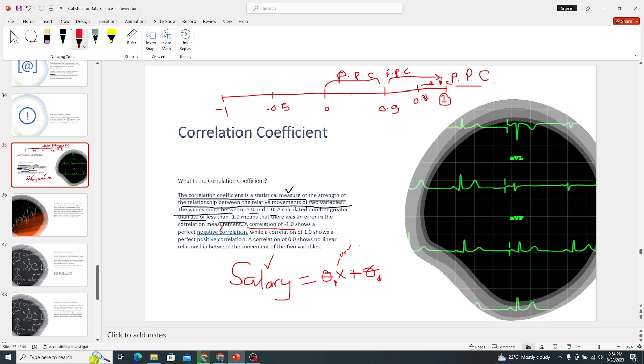In this case, let x be the experience in years, because we know experience does determine salary, what you are going to be paid. So I'm using experience as our variable.